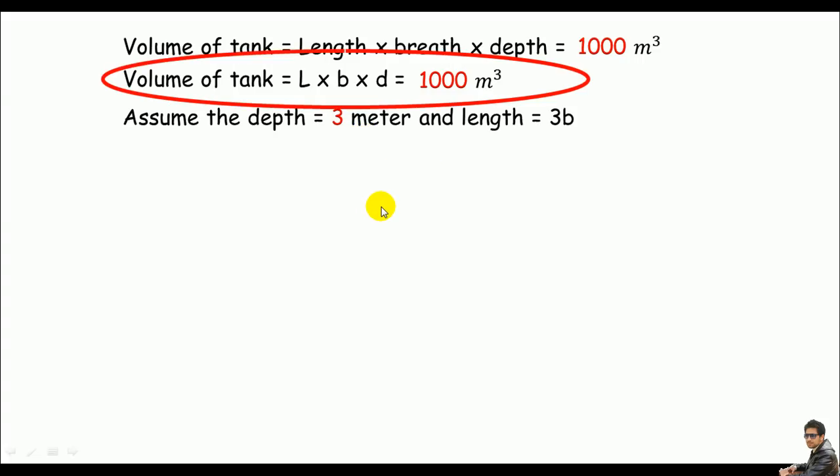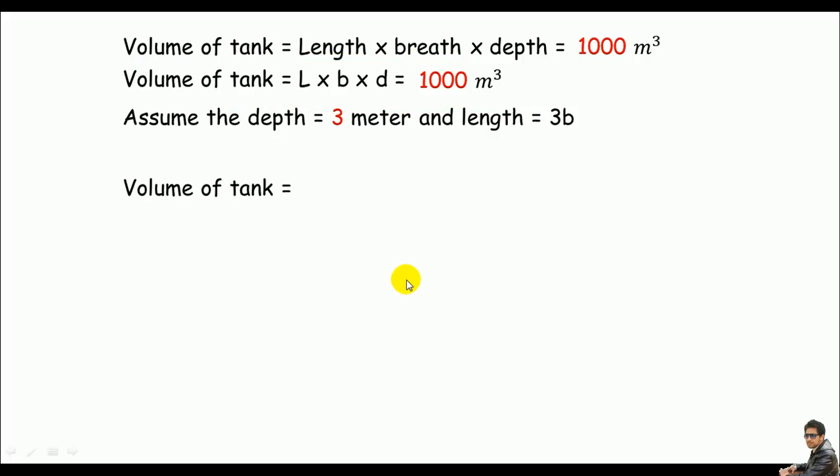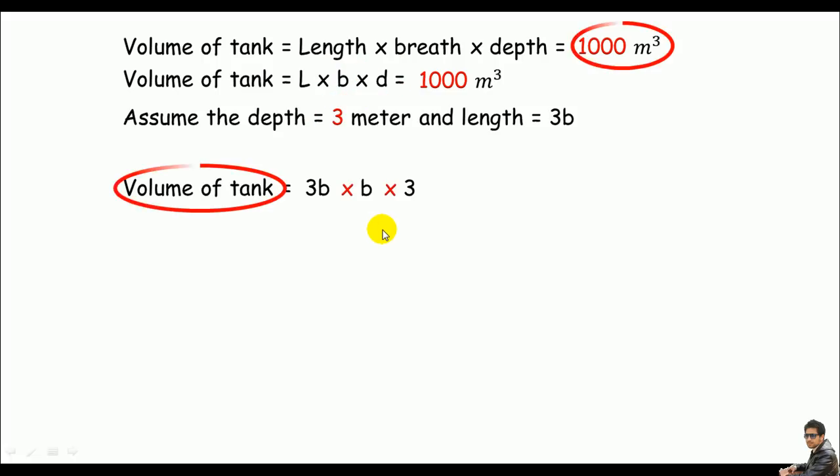We'll get of course the volume of tank, length, which is of course 3 times its breadth. So 3b times b, the b is unknown, times the depth, which is just 3 meter. Also the capacity or the volume of the tank is known. So 1000 cubic meter equals 3b times b times 3.